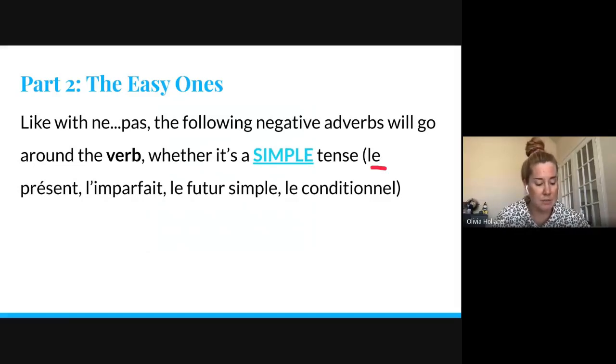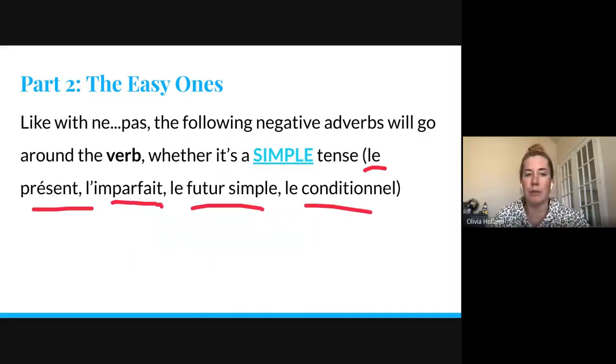A simple tense means it's like one word, which is your verb conjugated. So present tense, imparfait, future simple. You have a subject like tu, and then one word after it's the verb conjugated. That's a simple tense. All of your tenses except for one that you already know are considered simple tenses.